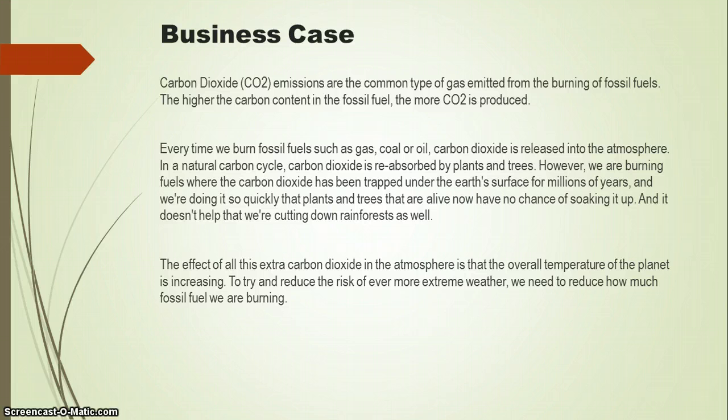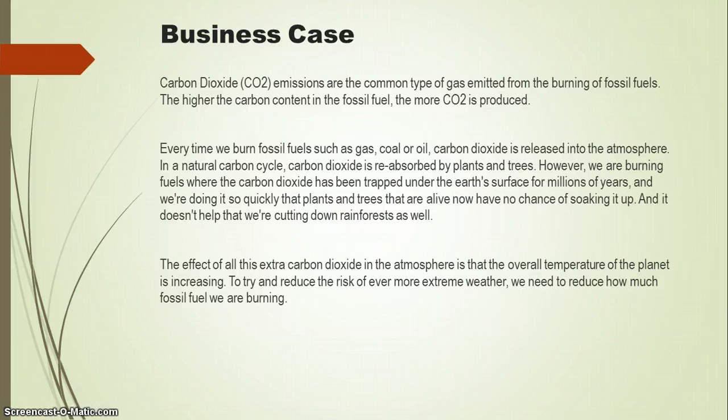In a natural carbon cycle, the carbon dioxide is reabsorbed by plants and trees. However, since we are burning the fossil fuels at a rapid rate, the plants cannot absorb so much carbon dioxide so quickly. And it also does not help that we are cutting down rainforests as well.